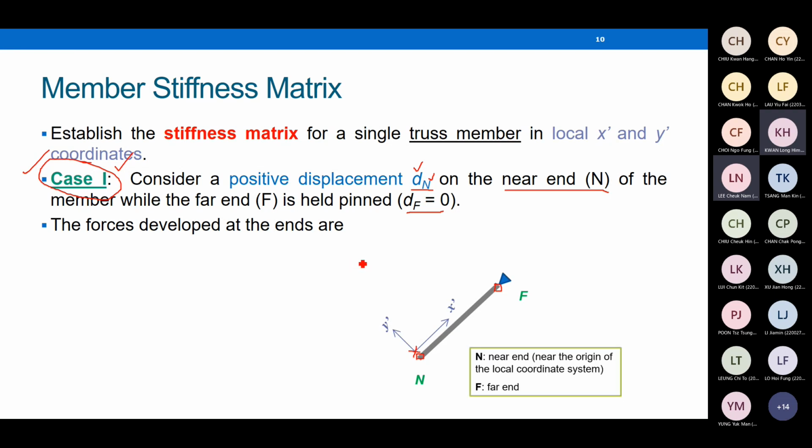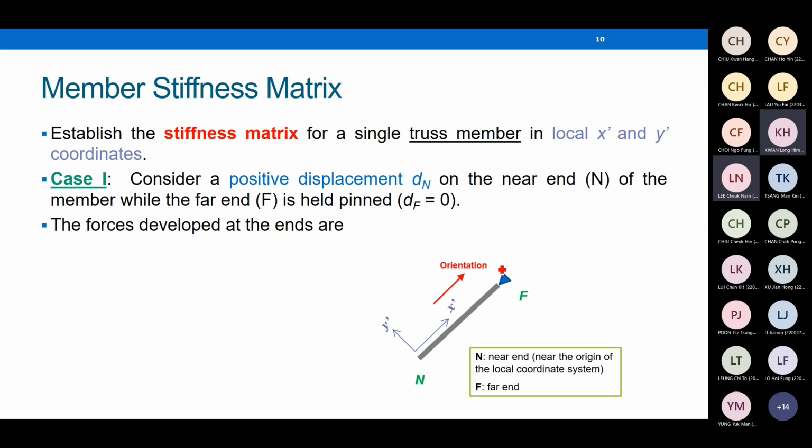Now we have some explanation about N and F, the orientation of the member. The member is oriented from node N to node F. Member orientation is also important to identify the direction of members.